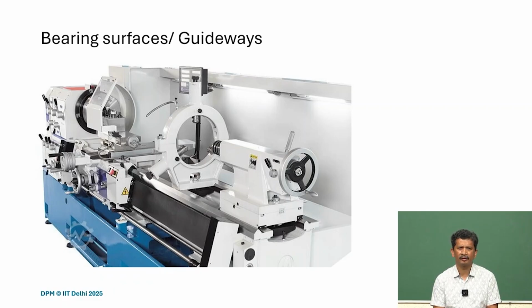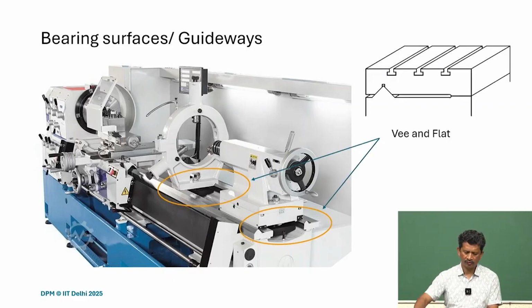Of course, there are different guideways, a lot of bearing surfaces, and if we look at those designs, for instance, the V and flat, we also understand how exact constraint design principles, or controlling degrees of freedom, enable us to design this system to achieve higher repeatability, and at the same time we can avoid any kind of over constraints.